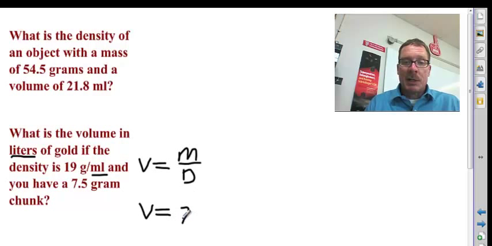So I can start with my 7.5 grams. And rather than divide by the 19 grams per milliliter, I can multiply by and set up a conversion ratio where it's essentially flipped, where I'm saying it's 19 grams in every 1 milliliter.